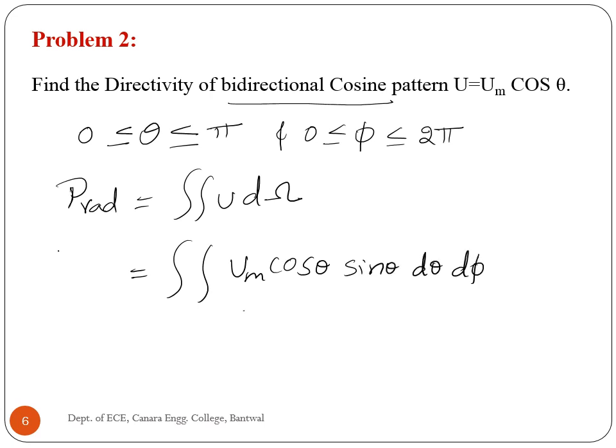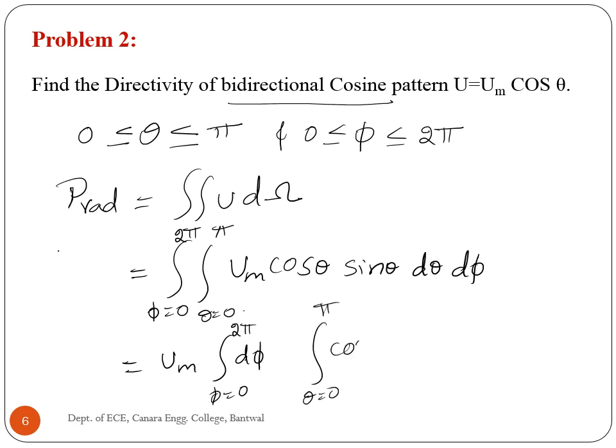D omega is sin theta d theta d phi, phi is 0 to 2 pi, and theta limit 0 to pi. This equals Um integral of d phi from 0 to 2 pi, and theta 0 to pi cos theta sin theta d theta.